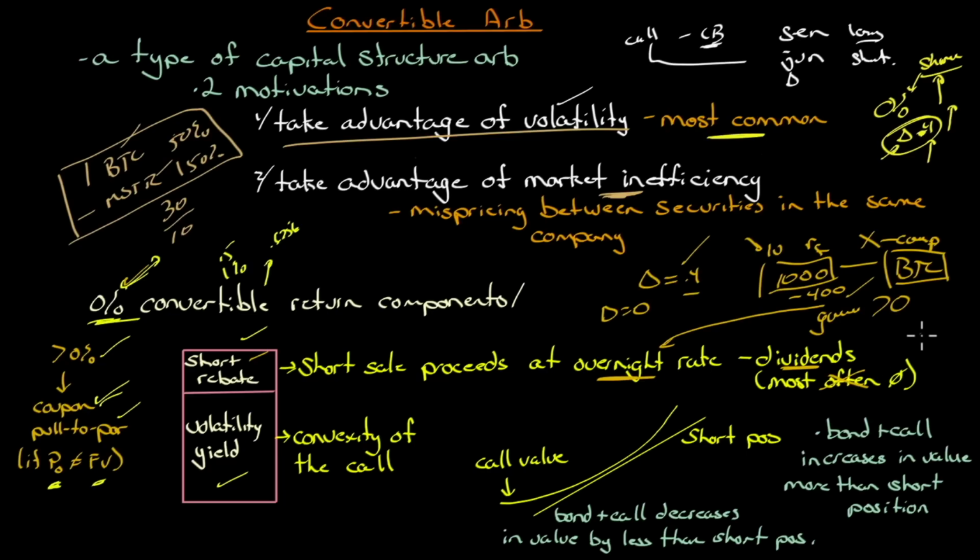Companies that issue convertible debt usually don't have dividends, so there usually are no dividends. So you would have a borrow fee, whatever the fee is to borrow the shares. The fee to borrow the shares would be very high if the float was low. The fee to borrow the shares would be lower if the float were higher.